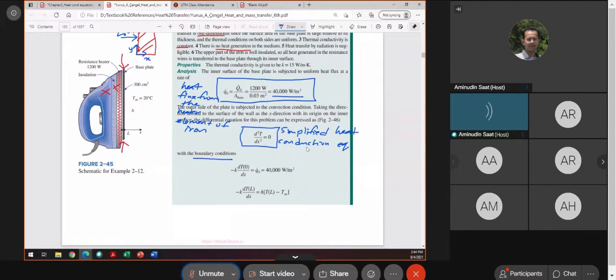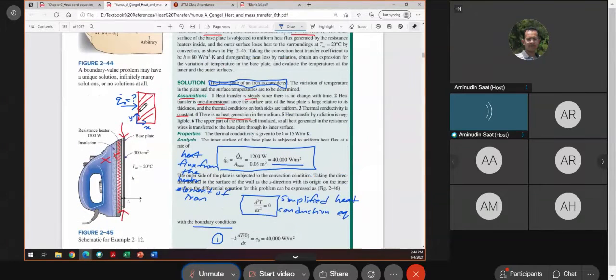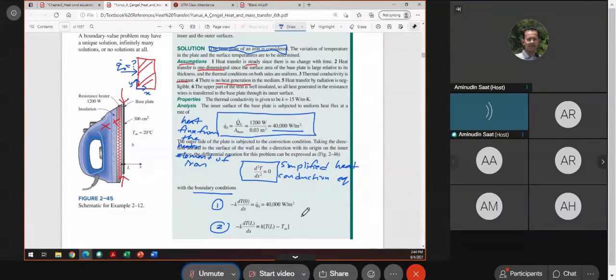And the next one, you need the boundary conditions. Normally you still need two boundary conditions. The first one is on the left side of the wall, because this is considered a wall exposed to the heat flux. At x equals 0, the value of the heat flux equals 4000 watt per meter squared.